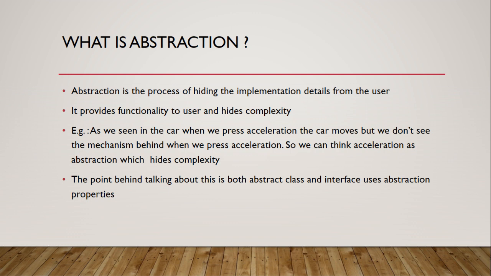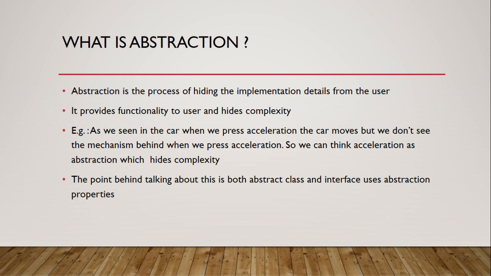As is seen in the car, when we press the accelerator, we only see the car moving, but we do not see the mechanism behind what happens when we press the accelerator. So we can think of acceleration as an abstraction which hides the complexity from the driver.